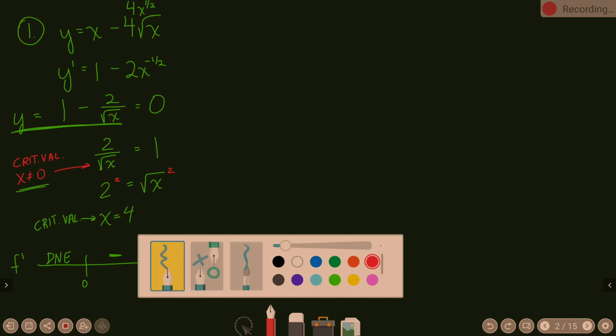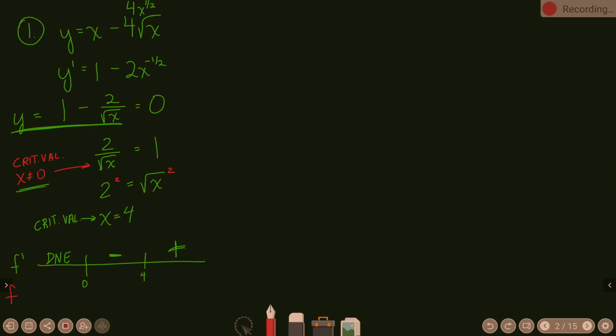Decreasing. Yeah, it says that my graph is going to be decreasing between 0 and 4 and increasing to the right of 4. And that means 4 is going to become a min. Okay? I guess in my notes, I went ahead and found the value of that min.